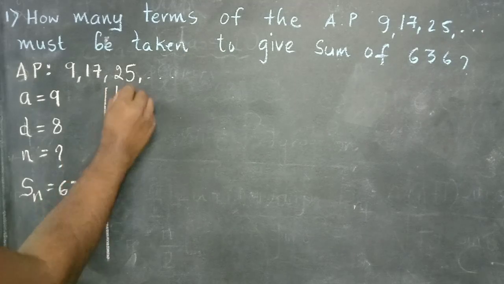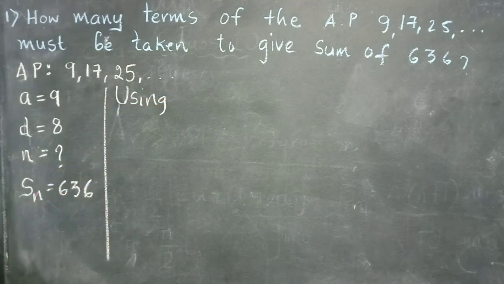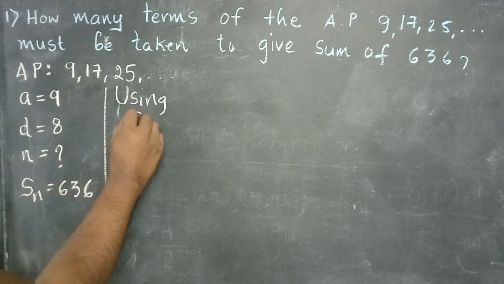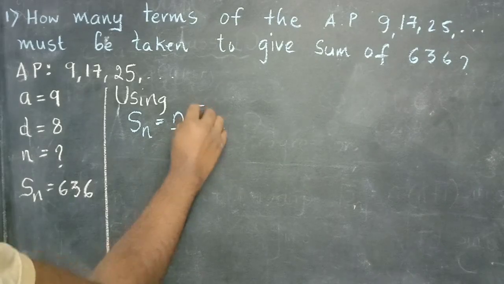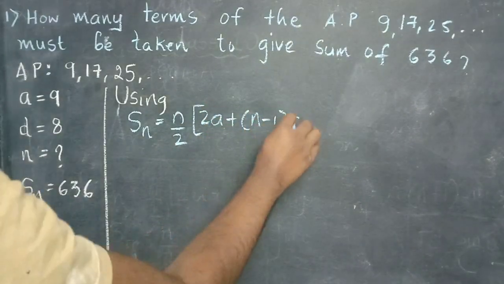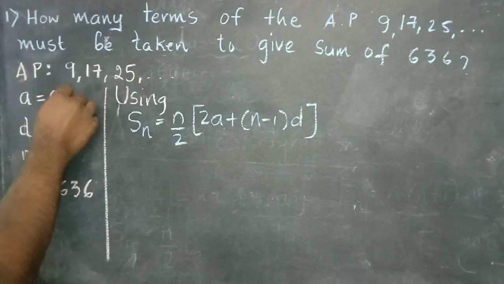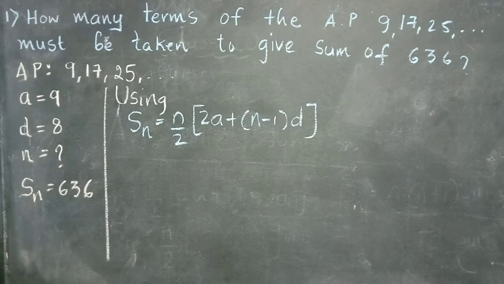I can use the sum formula. Using the sum formula of an AP, that is Sn equals n divided by 2 times 2a plus n minus 1 into d. Now substitute the values of a, d and Sn in this formula.